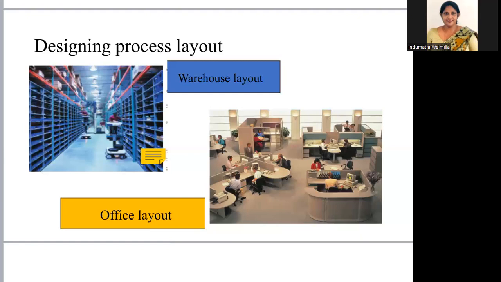Therefore, we have to consider all the requirements needed for the type of office, and considering those things, they fix their office. We call it the office layout, but remember, this also basically focuses on one of the main types of layout methods.